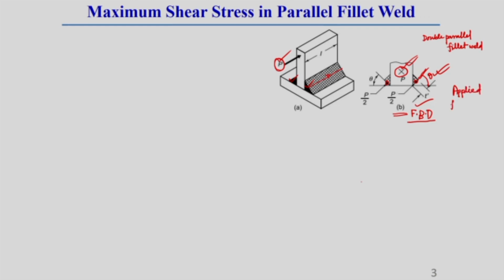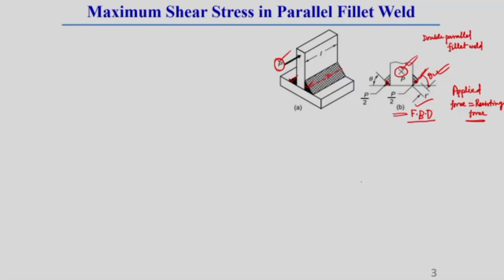So the applied force should be equal to the resisting force, which is inside the welds. That is why I have written that the applied load is P. So in these two welds there will be P by 2 load.